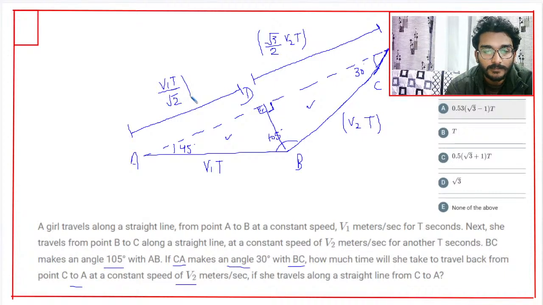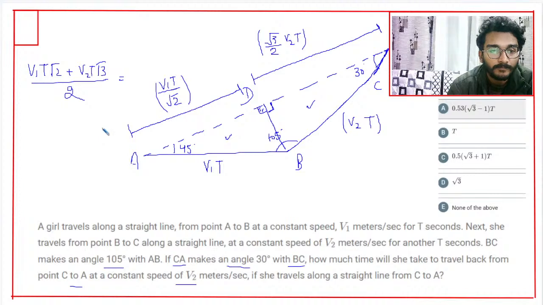So these are the distances. So the total distance is how much? I am just rationalizing this root 2. It will be (v1t root 2 plus v2t root 3) divided by 2. So this is the total distance. I have rationalized this part.